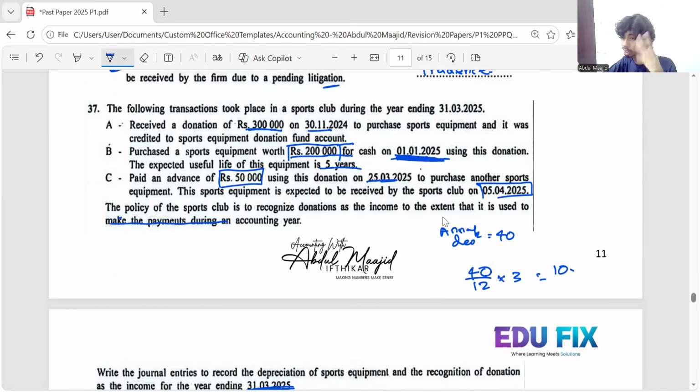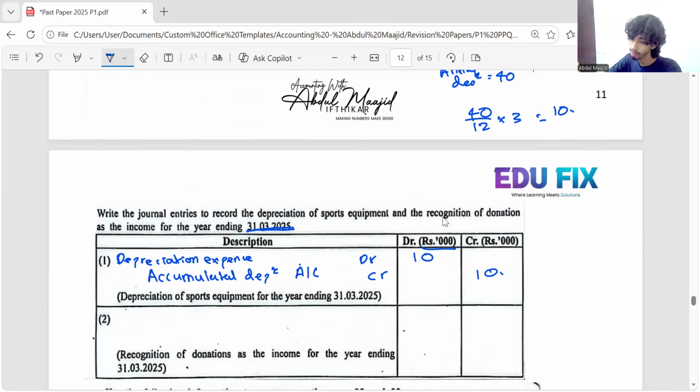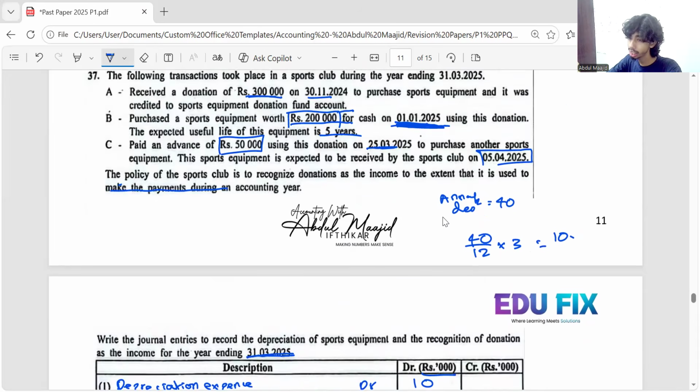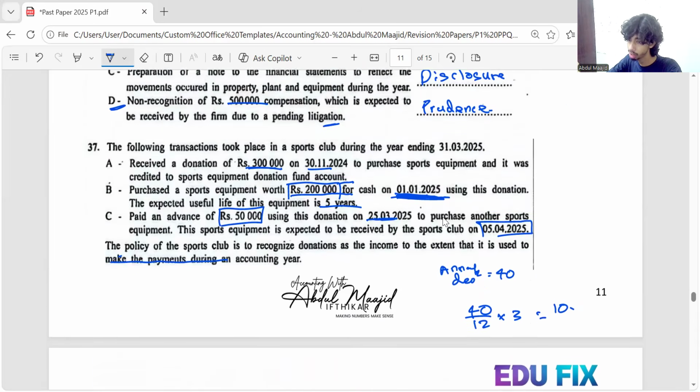So how much of the fund did we use to make payments? 200,000 we paid to buy equipment. Another 50,000 within the year we paid as an advance for which we will get the equipment next year. Totally, how much is the amount we paid out of the fund? 250,000. Then you have to recognize that as income. Now you have to deduct it from your sport equipment fund.